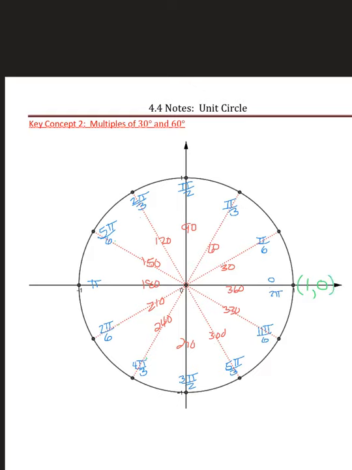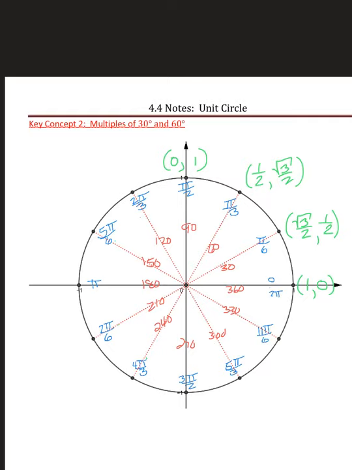Okay, so for 30 degrees, the x-coordinate is going to be square root of 3 over 2, and the opposite, the y-coordinate, the sine, is going to be 1/2. Across the 60 degrees, cosine of 60 degrees is 1/2, and the sine of 60 degrees is square root of 3 over 2. Up here at 90 degrees, our x-coordinate is 0, and our y-coordinate is 1.